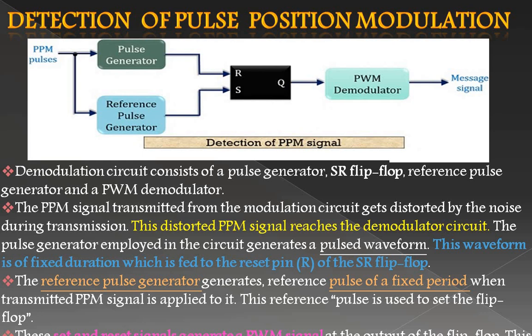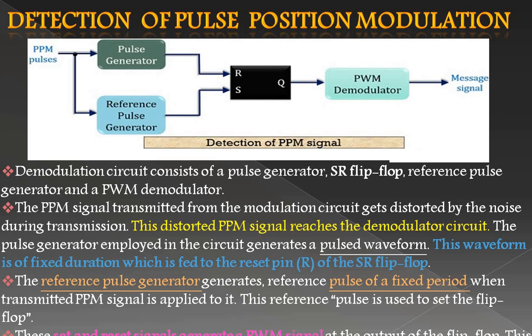Okay, now the pulse position signal transmitted from the modulation circuit gets distorted by noise during the transmission. This is a must, isn't it? Modulation is nothing but the combination of your carrier and message signal. These are combined and transmitted through a particular channel.